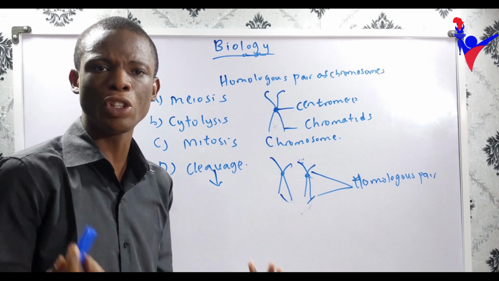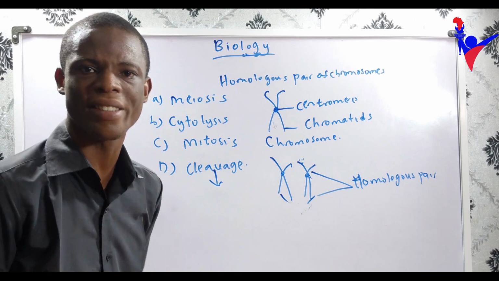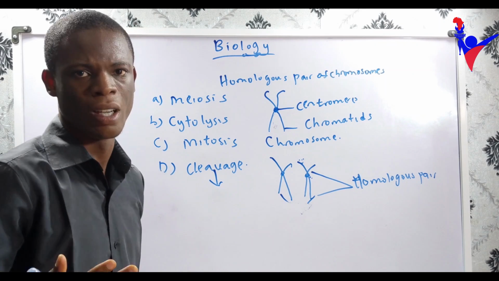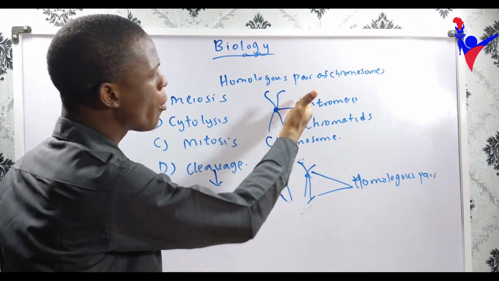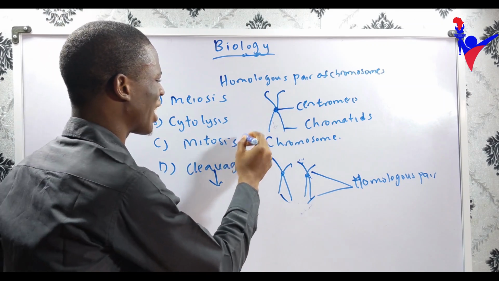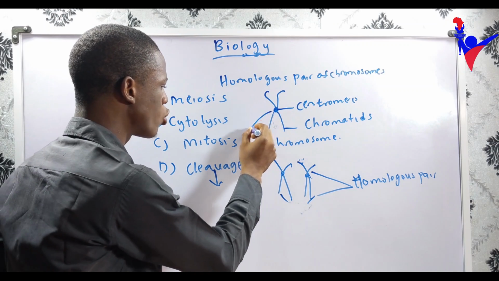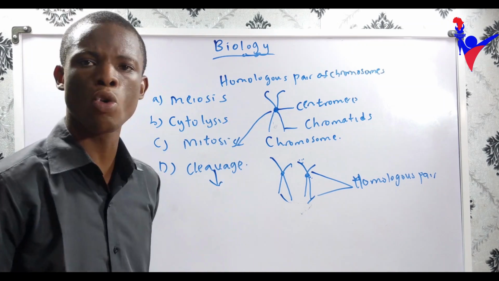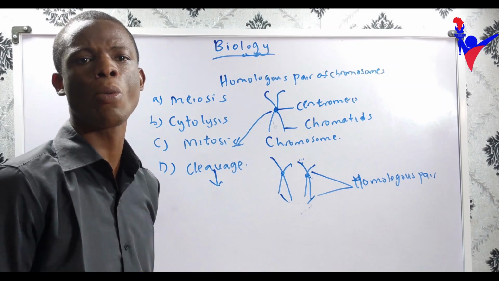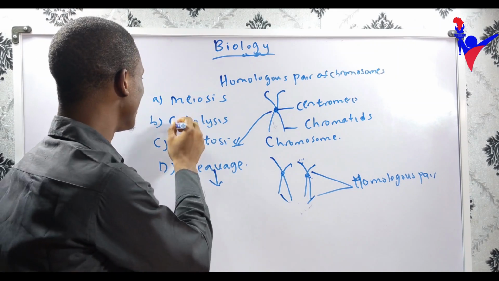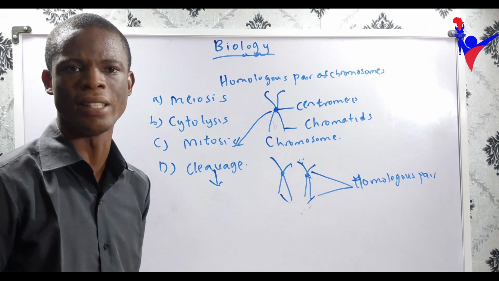Mitosis is a division that occurs in a somatic cell, and it occurs with a chromosome. So you can attach your mitosis to what we know as what? A single chromosome. In mitosis, we have a single chromosome separating. So back to the next option, which is cytolysis.